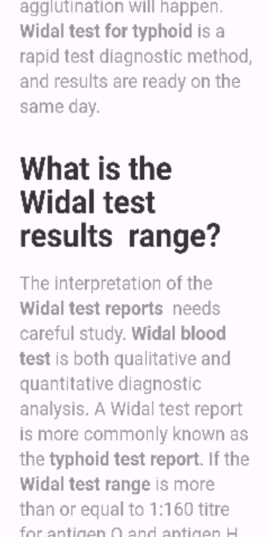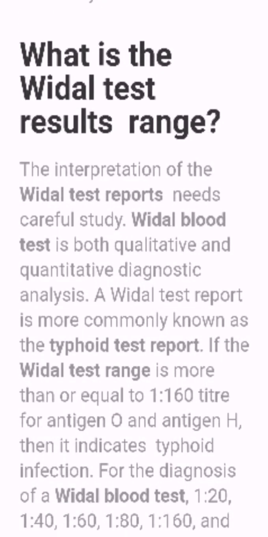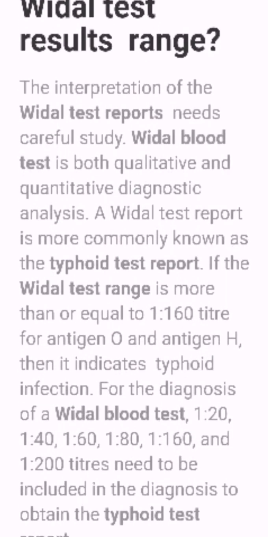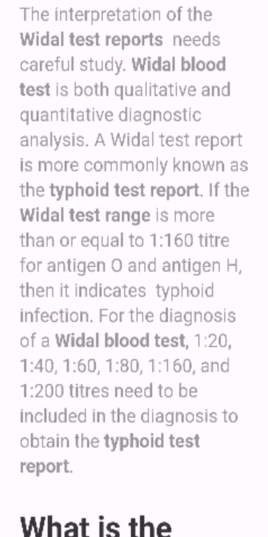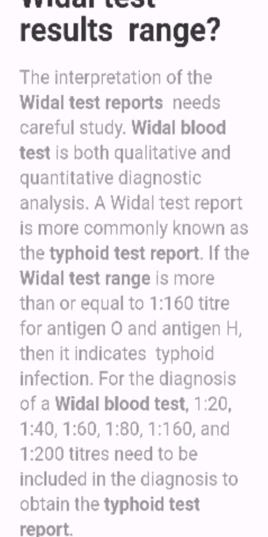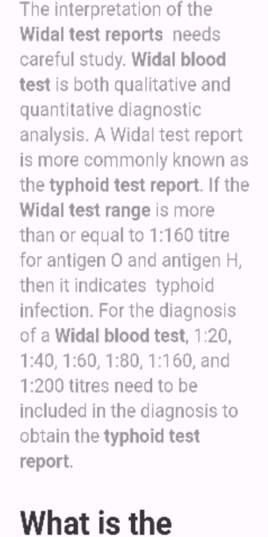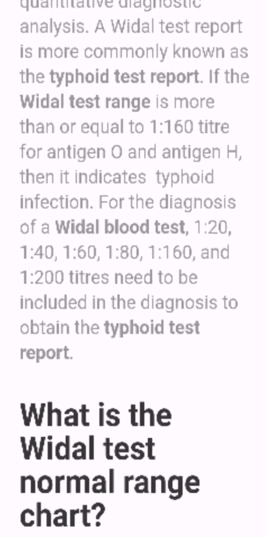What is the Widal test results range? The interpretation of Widal test reports needs careful study. The Widal blood test is both a qualitative and quantitative diagnostic analysis. A Widal test report is more commonly known as the typhoid test report.